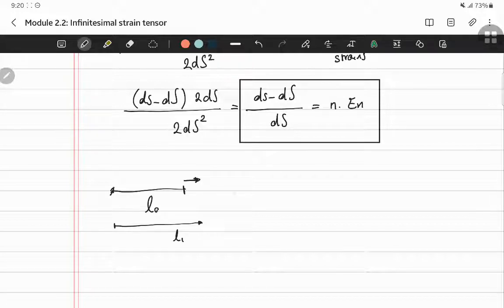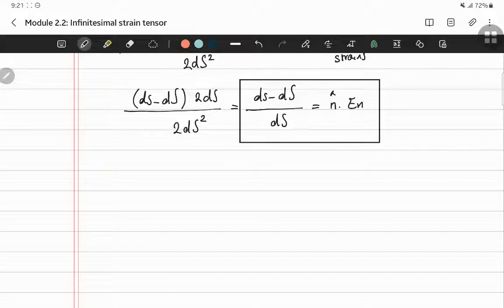If we want to calculate epsilon, or the normal strain, for example E11, if this is x, then we said (L1 minus L0) divided by L0, and this will give us the normal strain in the bar. This is the same as here: you have your deformed length minus the initial length divided by the initial length. So this will give you the strain in whatever direction you want.